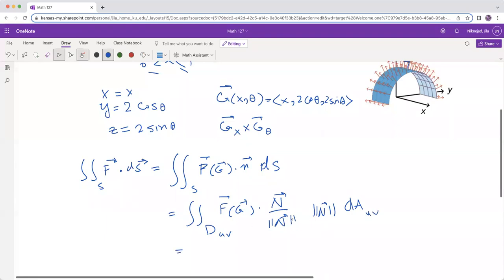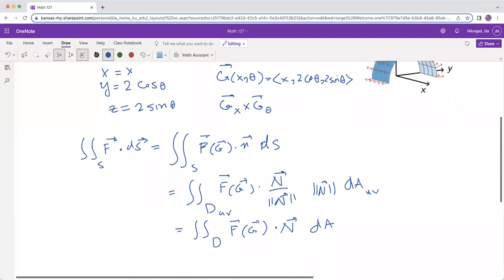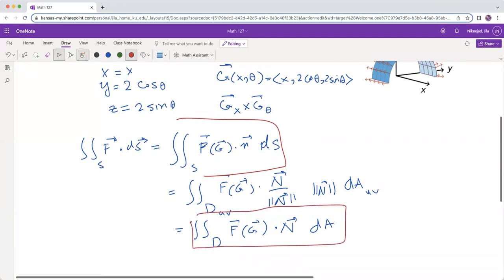And so these two simplify together, and that's the other formula I have, basically F dot N dA. So I can use either of these formulas, right? And what I need to be careful about is to use the formula that is useful for me.